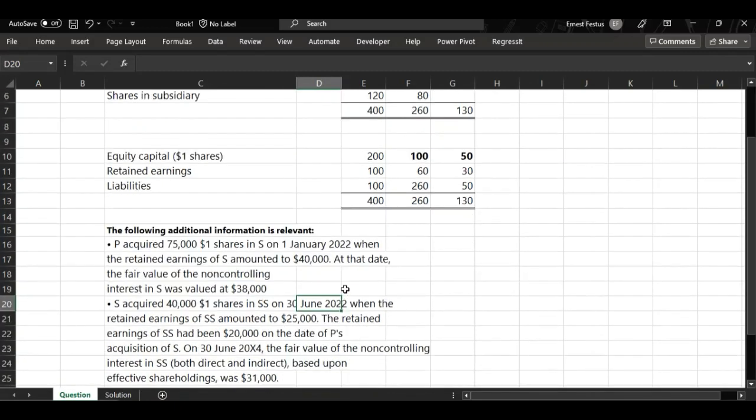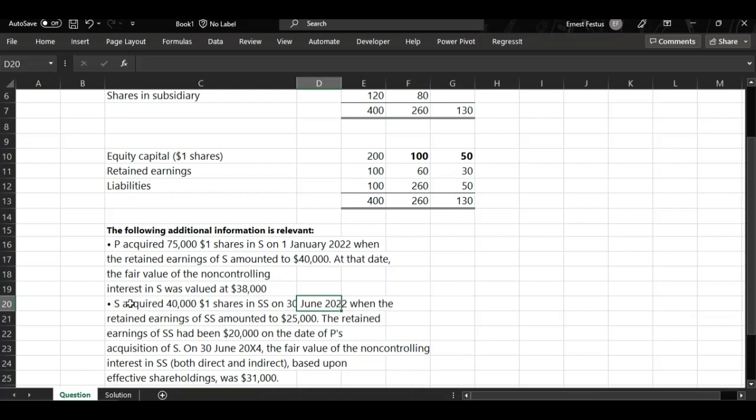Then at acquisition, we are told that P acquired 75% $1 shares in S on 1st January 2022 when the retained earnings of S amounted to 40,000. So it means that as at the date of acquisition, the retained earnings of S was 40,000.